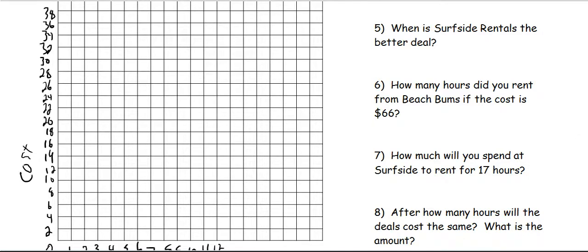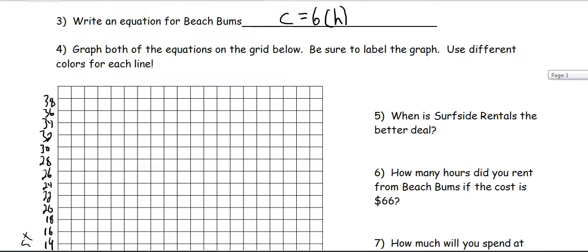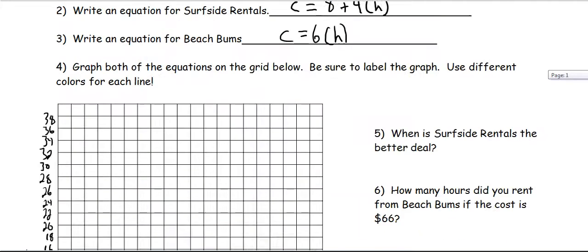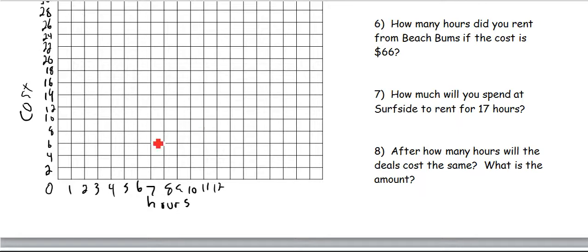So let's do Surfside Rentals first. We're going to start at 8. That's your fee to start with. And then each hour we're going up by 4.